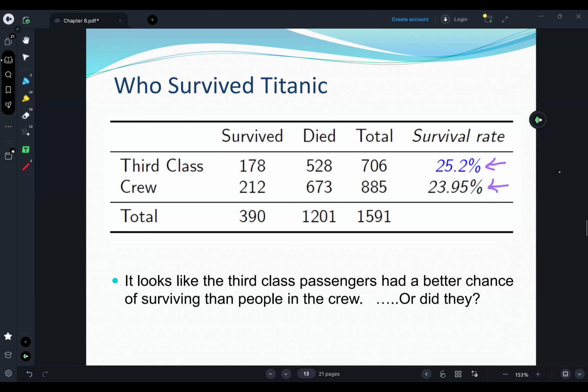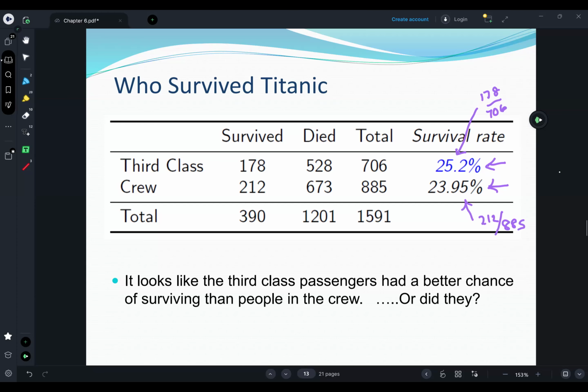Anyone? Yeah. If I take the survived, so this value here, 178, divide by 706, that should give it to me. And this one here should be 212, the number that survived, divided by 885.